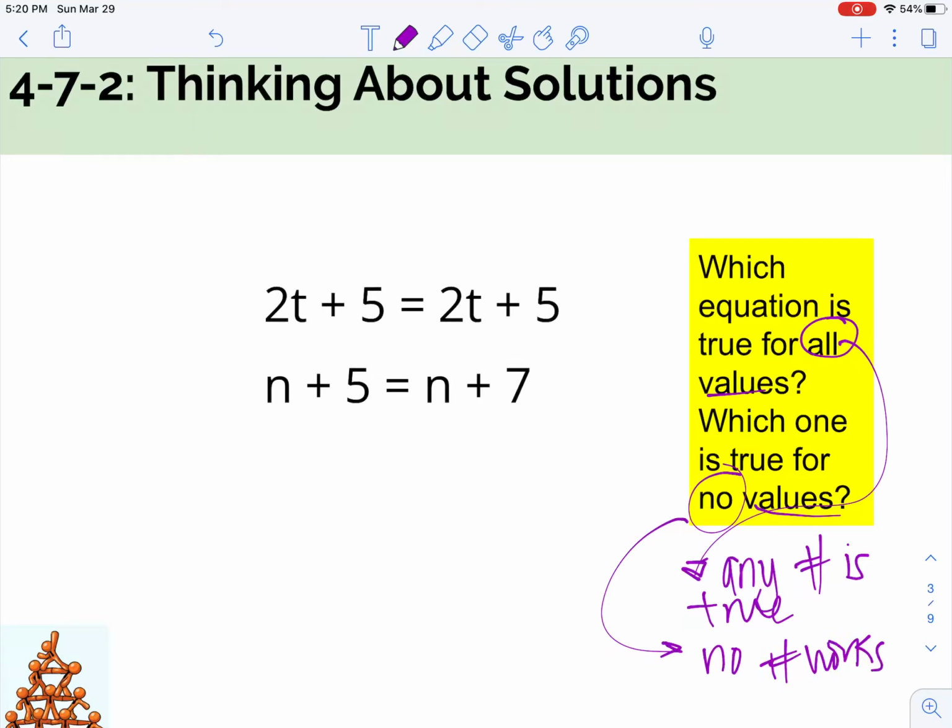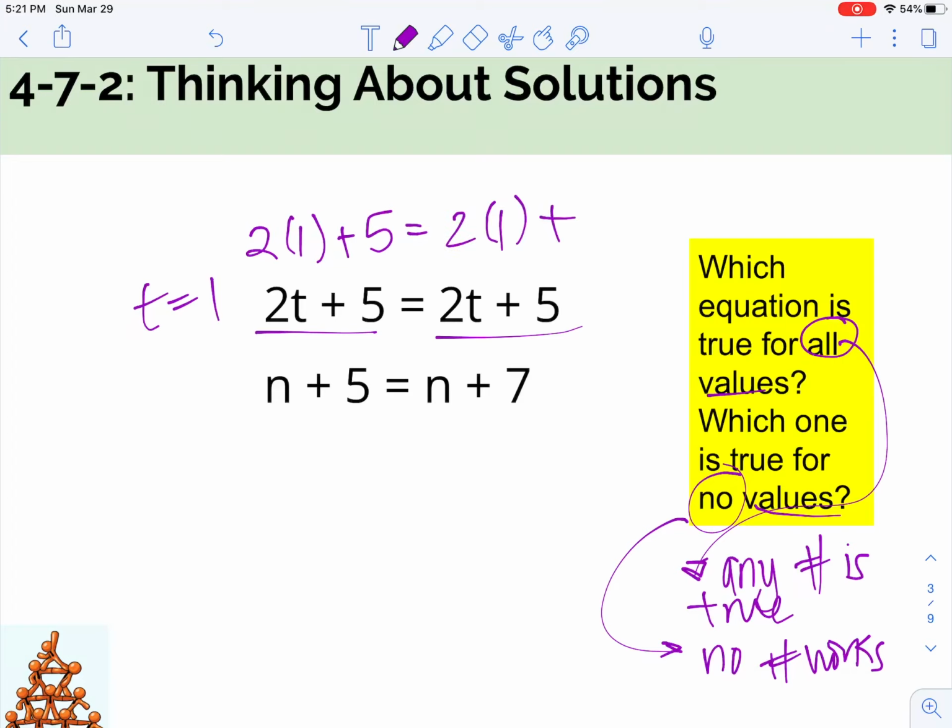Okay, so for this first one, you have 2t plus 5 and you have 2t plus 5. No matter what number you plug in, they will be the same, right? So if I said, what if t is 1? So 2 times 1 plus 5 equals 2 times 1 plus 5. So what is that? 7 equals 7.